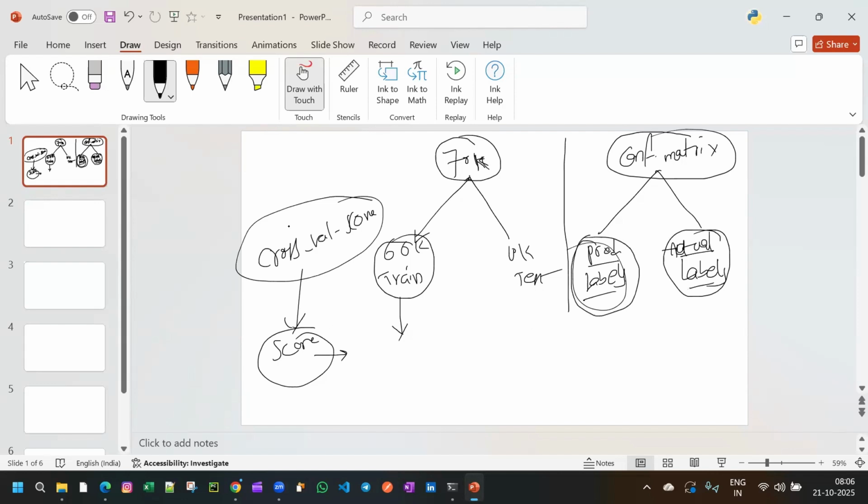For this, rather than cross-val score, we use cross-val predict. There is one more method called cross-val predict, which gives the predicted values of the 60K training data during the training phase.